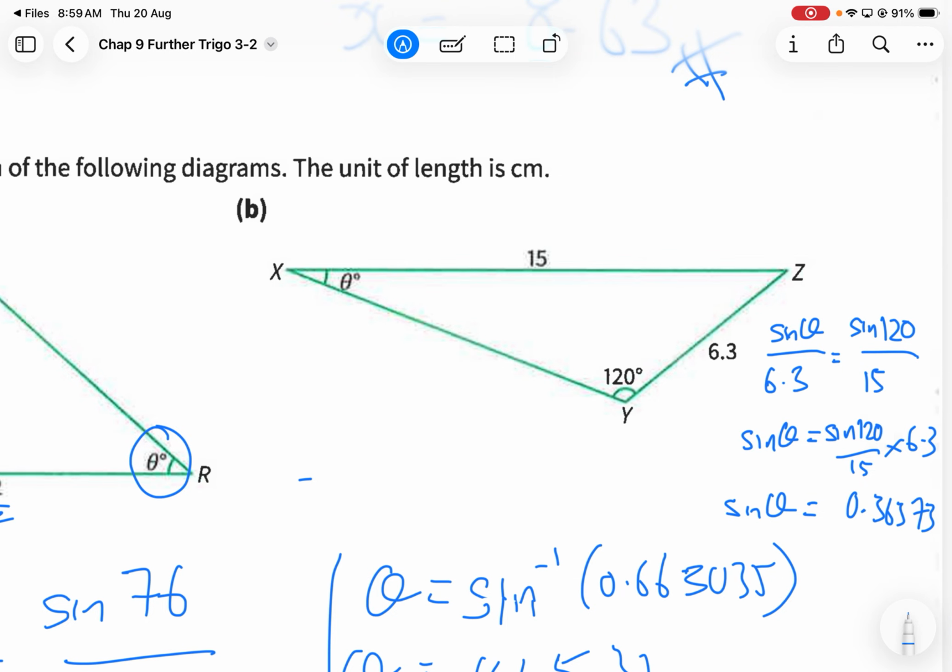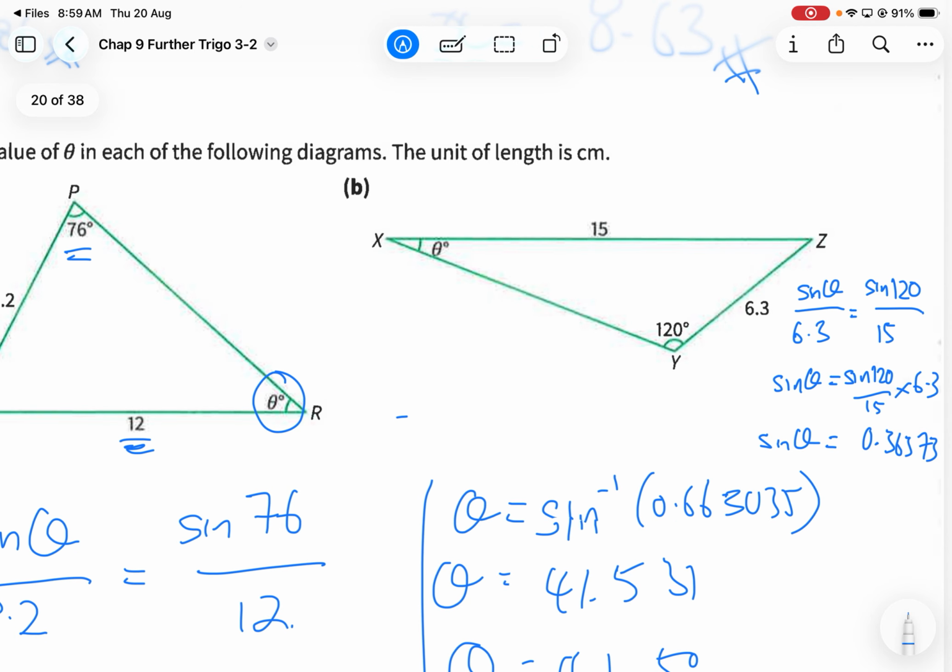After that, take sine inverse. Press calculator. 21.329.